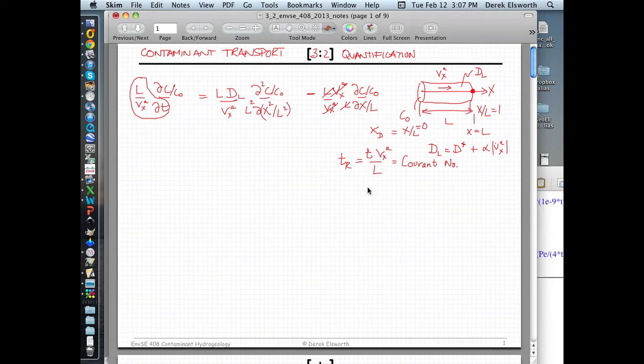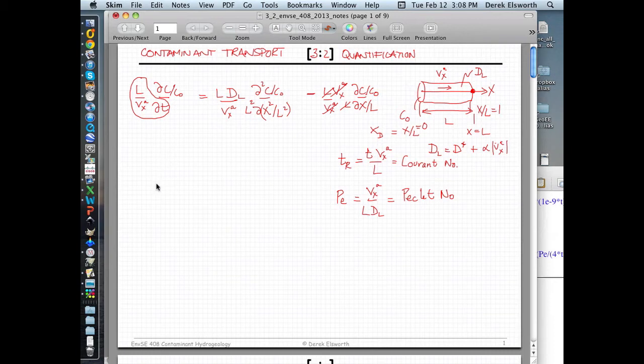Let's also define a term which we'll call a Peclet number, which is the advective velocity multiplied by a length divided by the dispersion coefficient. And we're going to call that P sub e, which is a Peclet number. And so what we could do is we could write this expression out in terms of those properties.